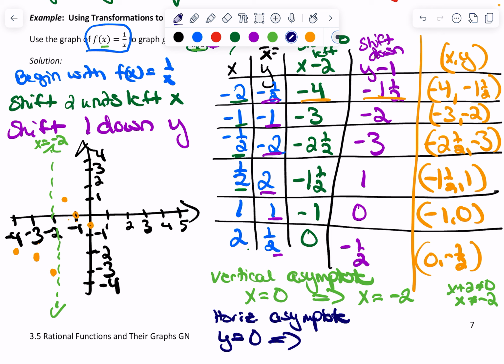Now, what we did is we shifted it 1 down, so it's going to be y equals -1. Okay, y equals -1 is right here.